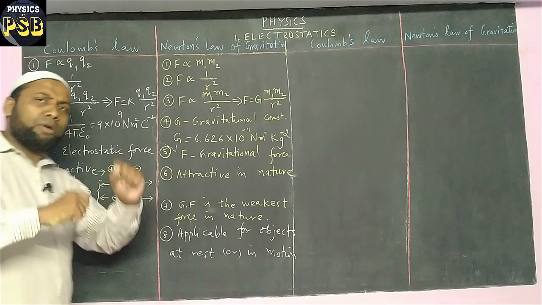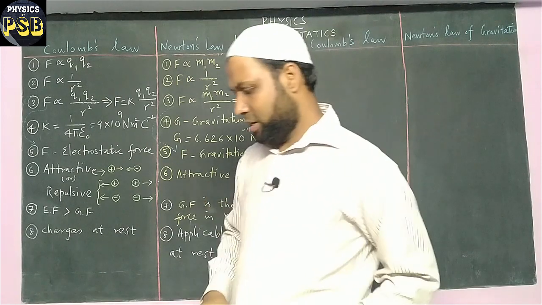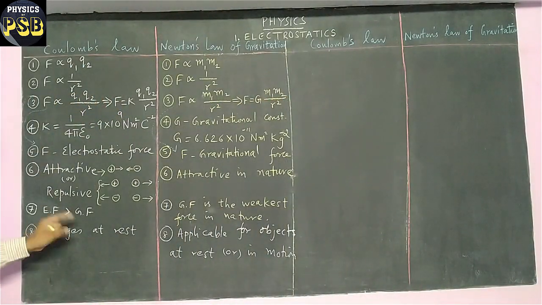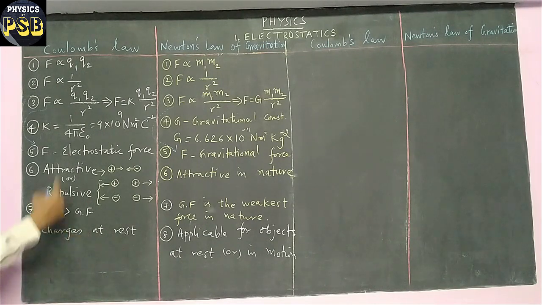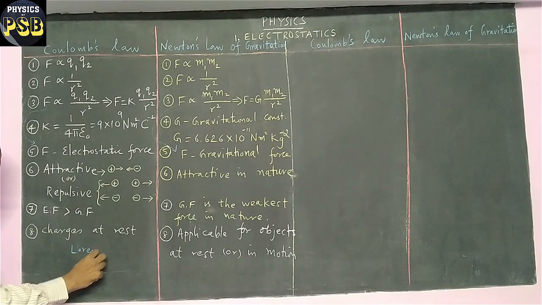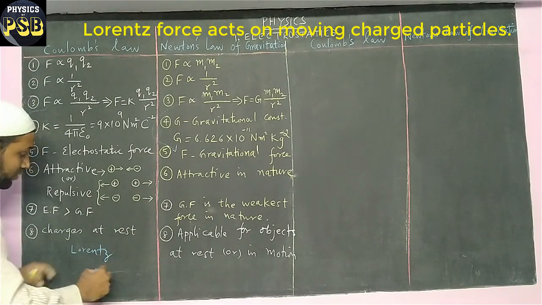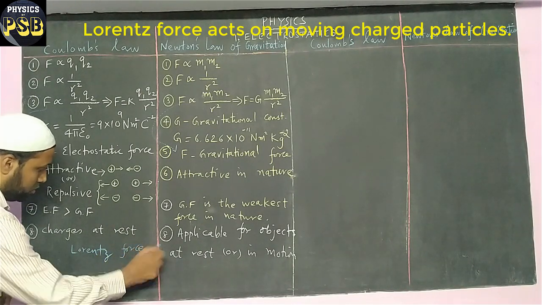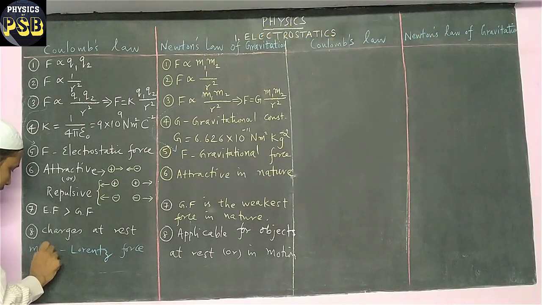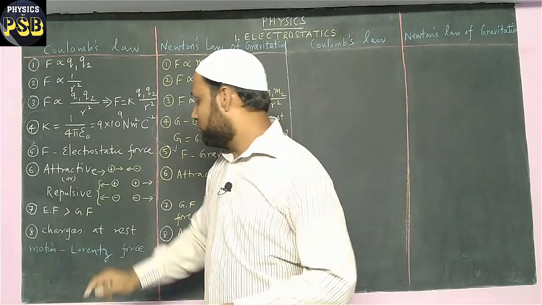Suppose you come across charges which are not at rest, they are in motion. In such a case, along with the electrostatic force, one more force gets added up. What is that? The force that gets added to the electrostatic force is nothing but Lorentz force. Lorentz force acts when charges are in motion.